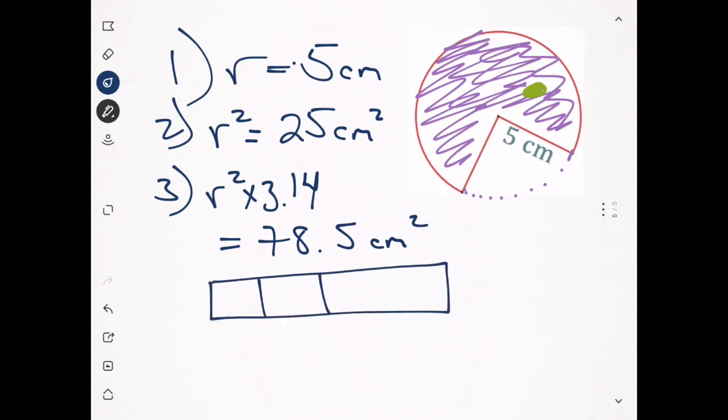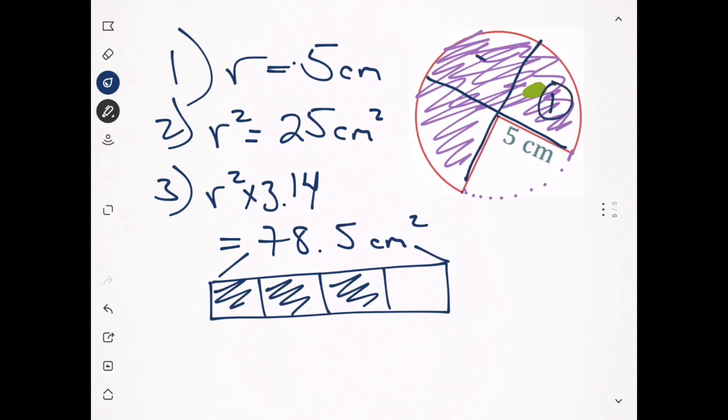Help me see what's going on. My full area is 78.5, but I want to find 3/4 of it. Because if I divide my circle up into quarters, I have 1, 2, 3/4 of the full circle. So I want to find out what is 1/4.